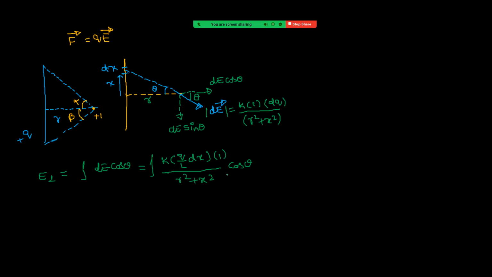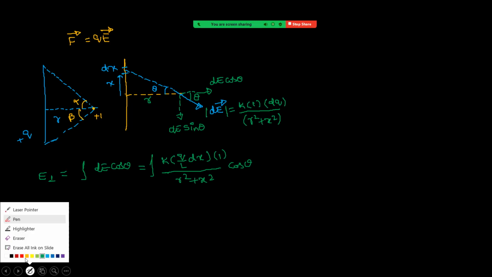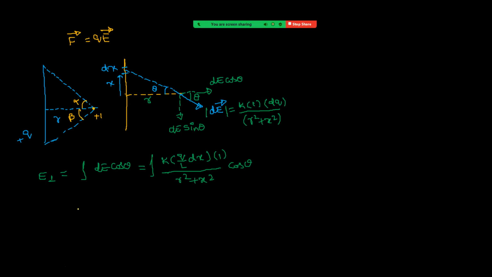We convert into a single variable by connecting R and x. You can see from the diagram the relation between x and R is given by tan theta equals x by R. So x equals R tan theta.